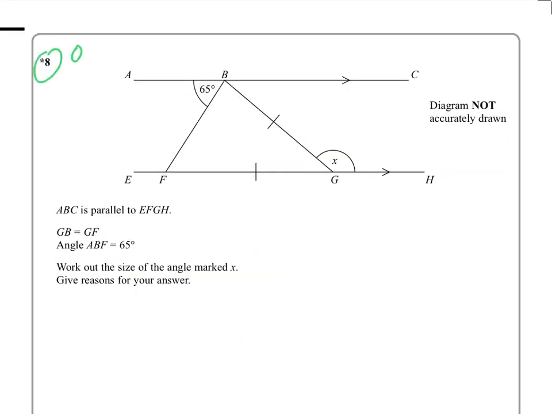Again, QWC. You're given all the information here. You've got to work out the angle marked x. Give your reasons. Well, I think the first thing I would say is alternate angles. So this would be 65.